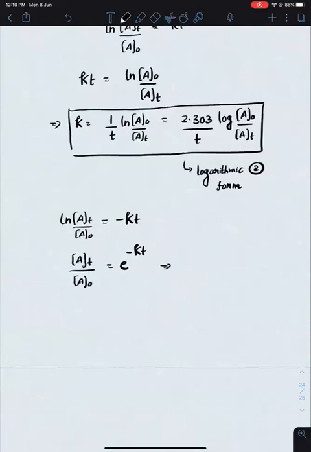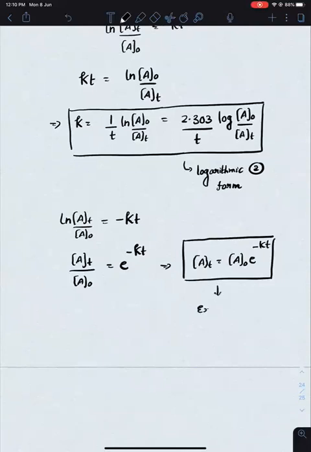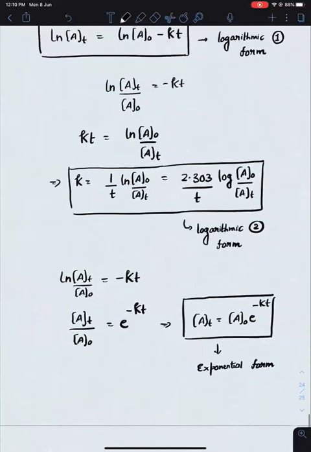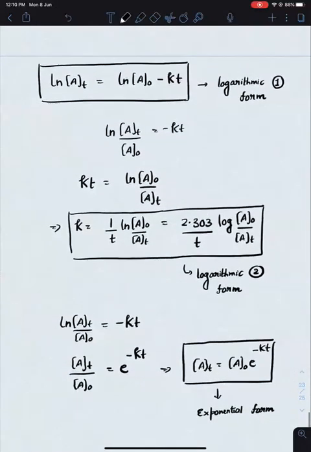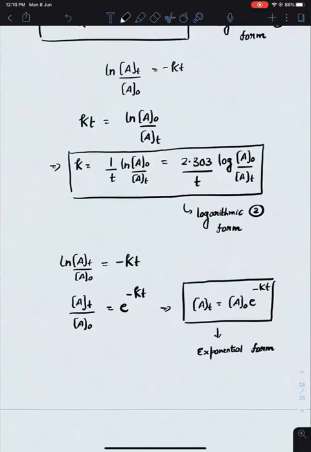This implies at is equals to a naught times e power minus kt. This is one more expression, and this is exponential form. These two are logarithmic forms of expression of At, and this is the exponential form of expression of At. At is equals to A naught into e power minus kt.